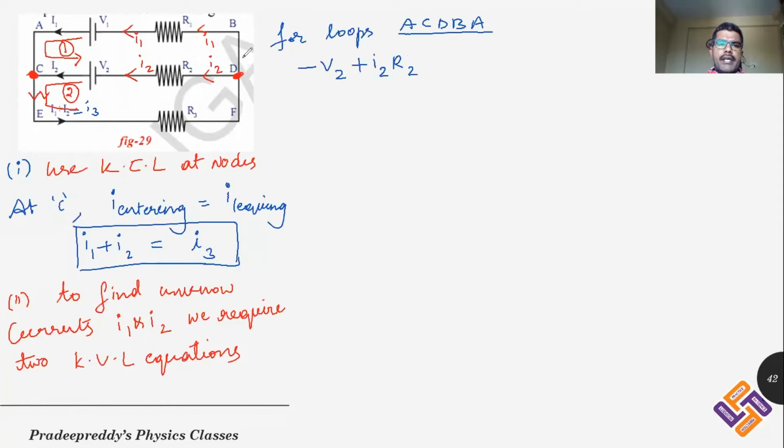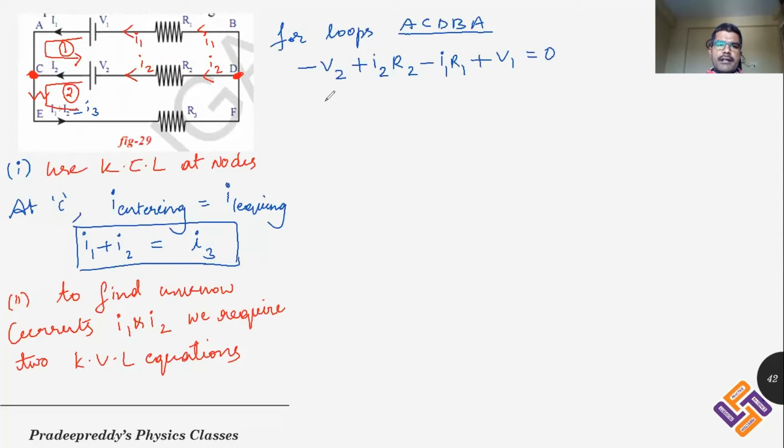Next, from D to B there is no component, and from B to A you are going in the same direction as that of the current, so it is minus I1 R1, and from negative terminal to positive terminal of the battery it is plus V1, equal to 0, right?